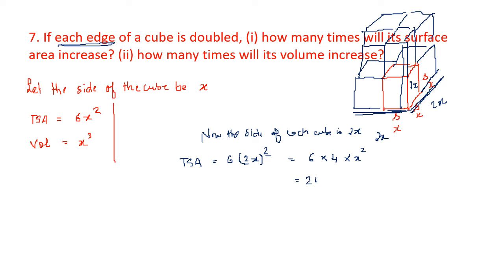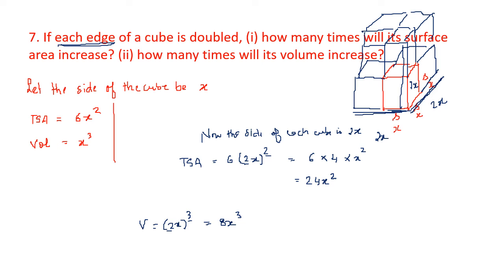So it becomes 24x square. And the volume is (2x) the whole cube, which becomes 2 cube, that is 8, into x cube, 8x cube. So we have to find how many times will its surface area increase.